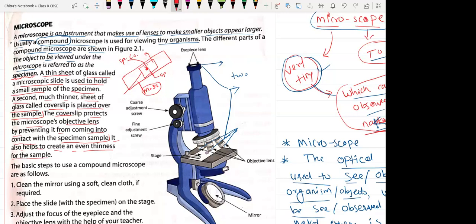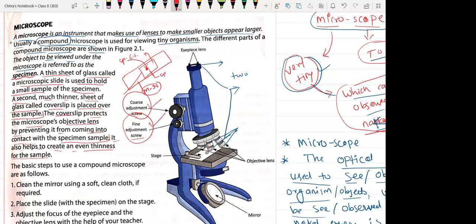Sir, then what are the adjustment screws? Coarse adjustment, fine adjustment? These are used in order to focus clearly. Sometimes the object is not clear, so it appears blurred. So we have to use these adjustment screws to focus in such a way that we get a clear image of the object, by which we can adjust the focal length.